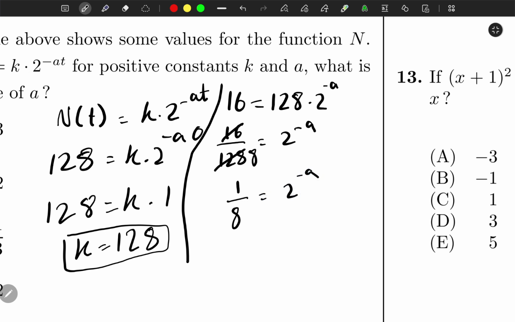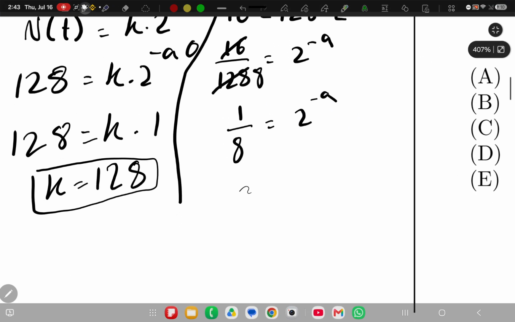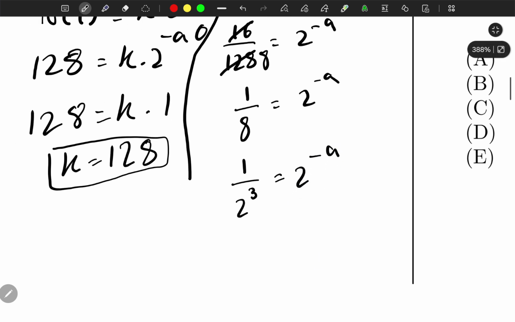So usually in questions like this in SAT, what you have to do is put it in the same base, and then you can equate the exponents. So I'm going to try and see if I can do that. So we can write 1 by 2 raised to 3, right? Because 8 is 2 cubed. And then we'll write this as minus a. So what you'll do is bring it to the numerator, and once you do that, the exponent's sign is going to flip, right?